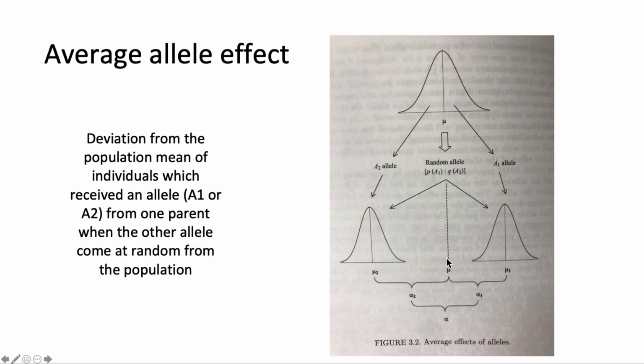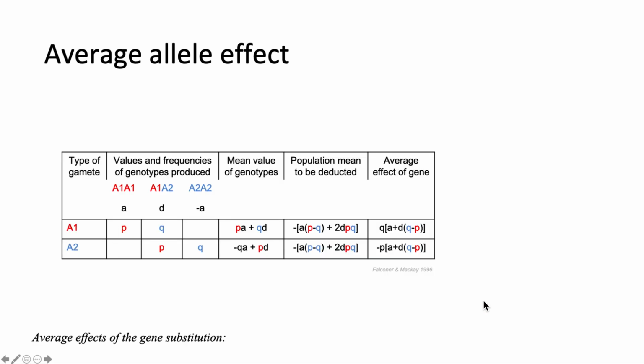So the average allele effect is the difference between the mean of the original population and the mean of the population when we have the A2 or the A1 allele and the other allele comes randomly from the population. That difference of the means is defined as the average allele effect.